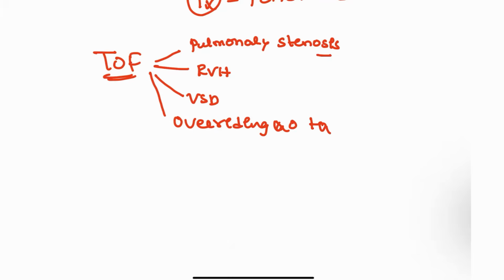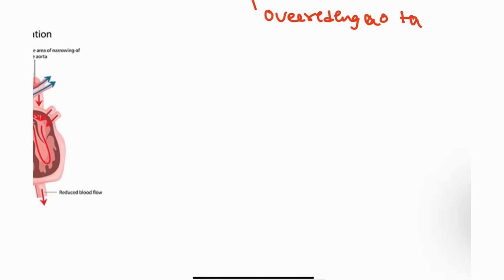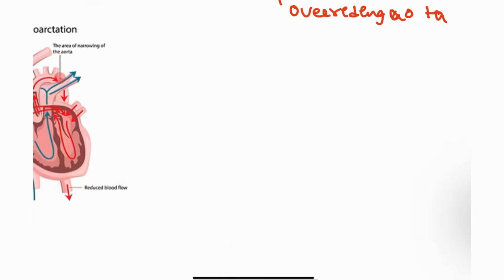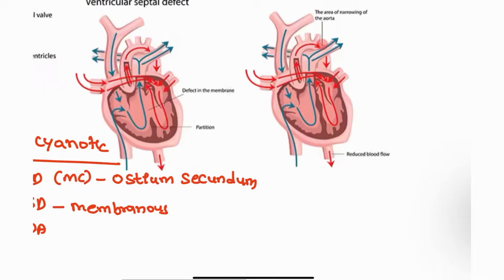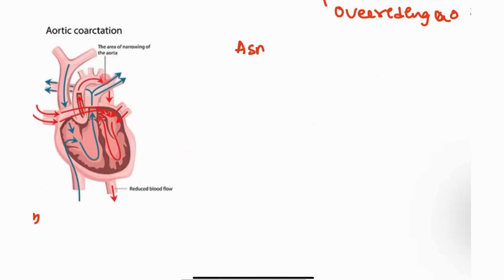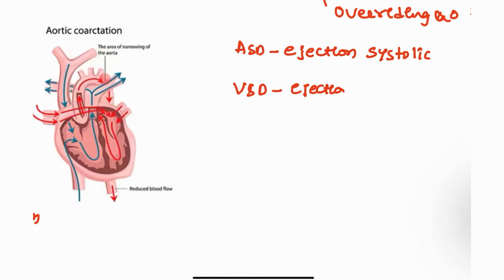Next, another one you have to remember, Ebstein's anomaly, where lithium exposure is seen. And coming to the ASD, what we discussed here, ASD will be associated with the ostium secundum type, right? In the ASD, the murmur will be an ejection systolic murmur. Okay, ejection systolic murmur. And in the VSD, you are going to hear an ejection systolic and delayed diastolic murmur.